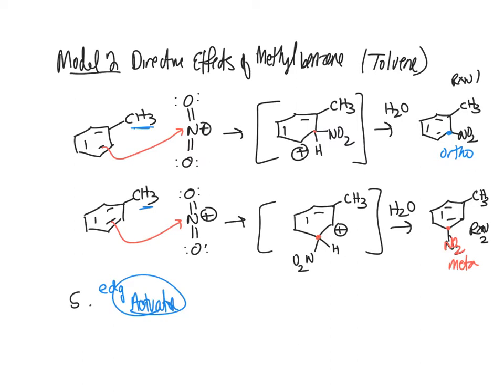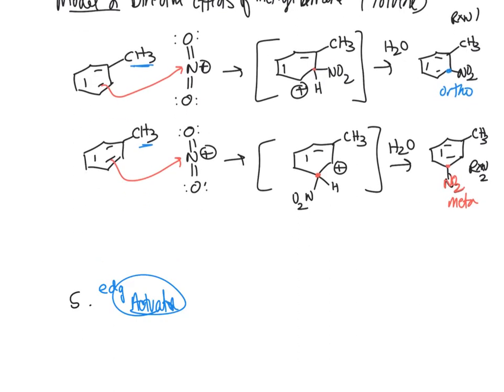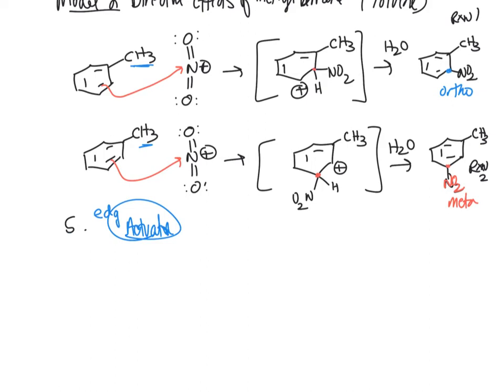Draw any additional resonance forms for the cationic intermediate, the sigma complex formed in the reactions above. So at reaction 1, we want to show resonance. So this is reaction 1.